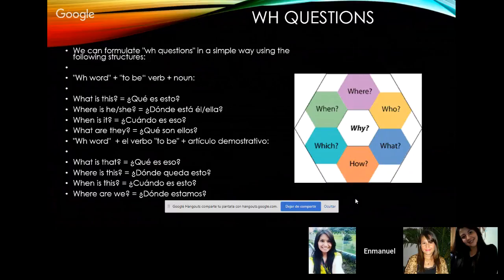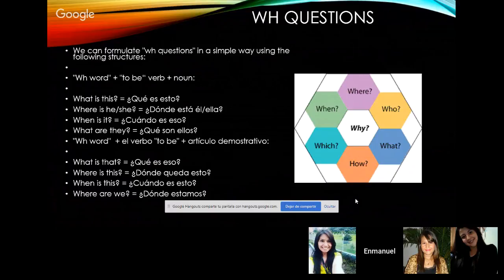We are going to see some examples in this slide. We can formulate WH questions in a simple way using the following structure: WH word, to be verb, and noun. Example, what is this? In Spanish, ¿qué es esto?